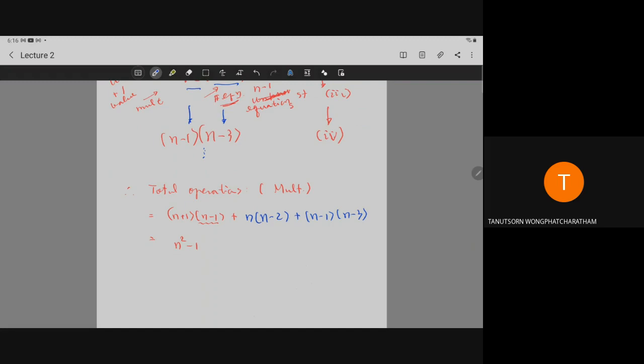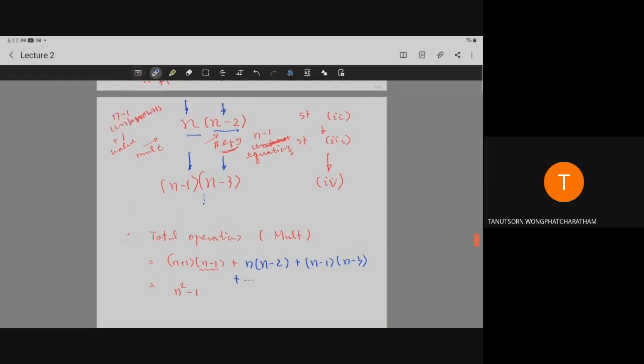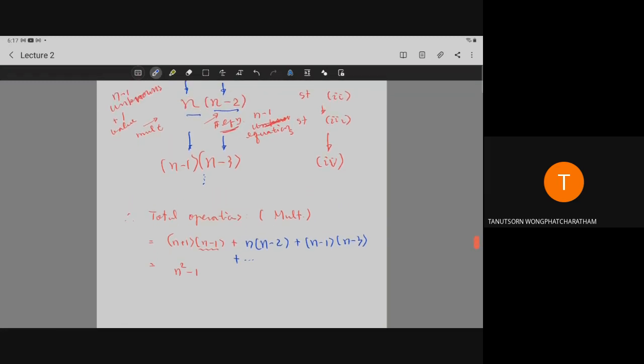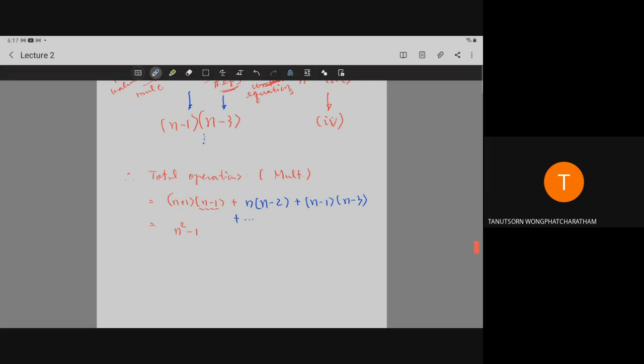And this goes all the way to the last steps. So this is how we will compute.